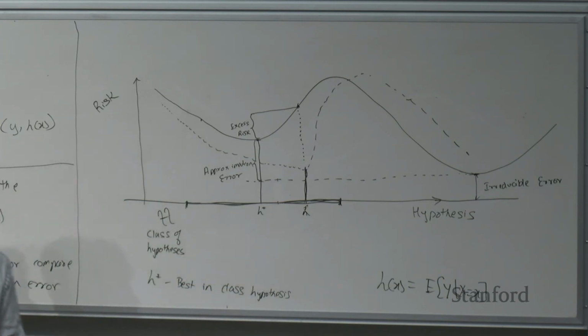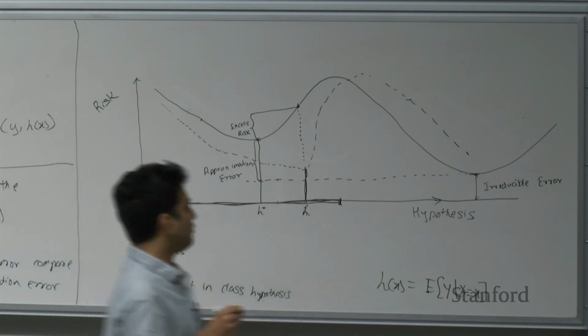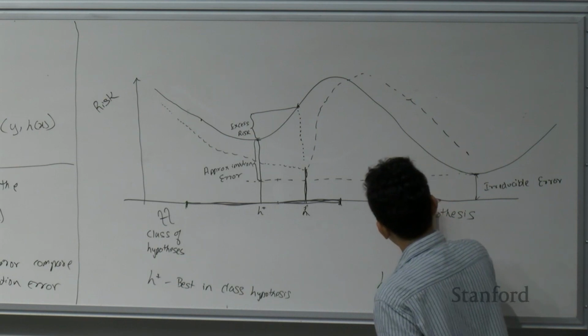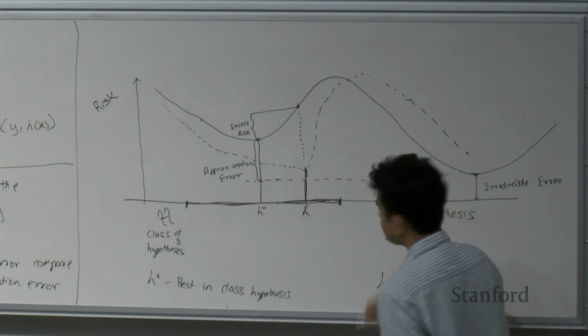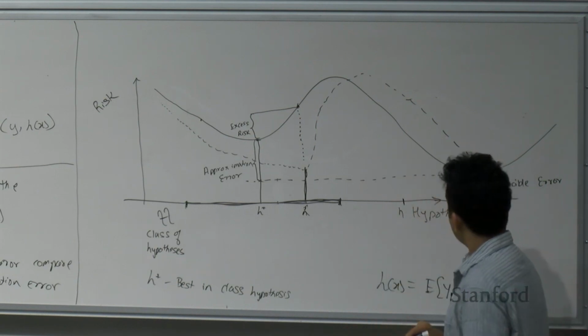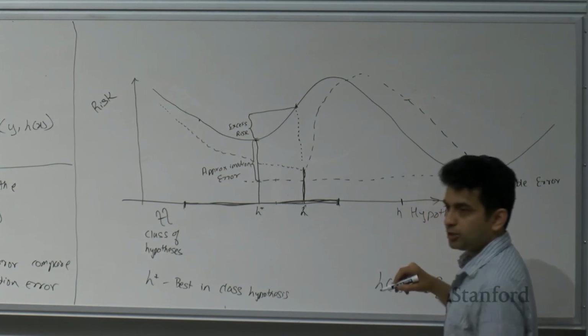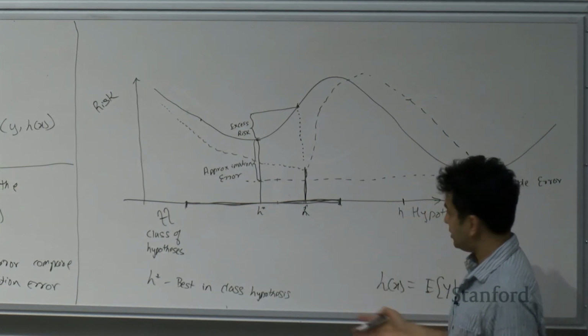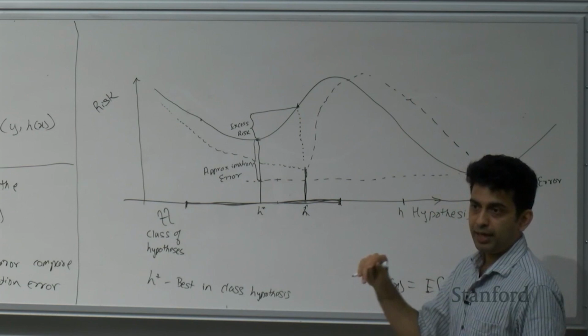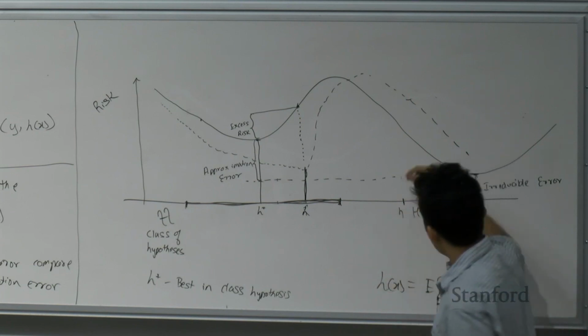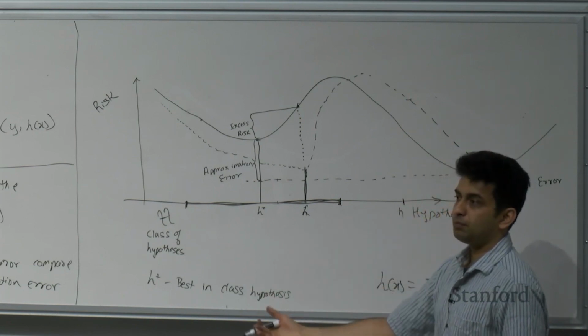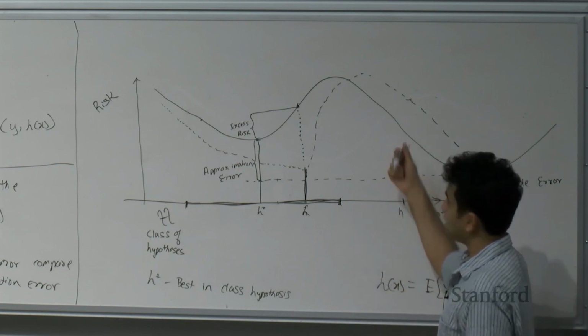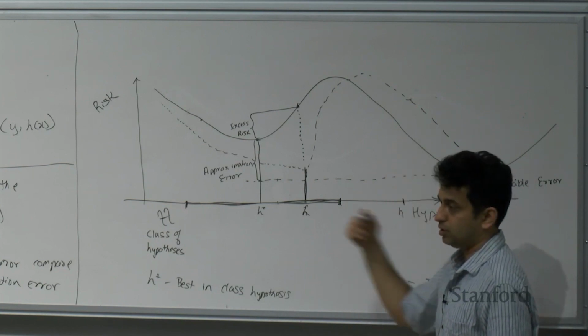Think about it carefully, because it can be a little confusing. What we mean is, for any given h, let's consider this h. For this h, we have fixed the number of examples n, and we're going to repeat collecting n examples, fitting a model, and evaluating the empirical risk.